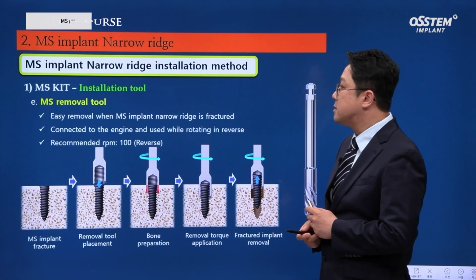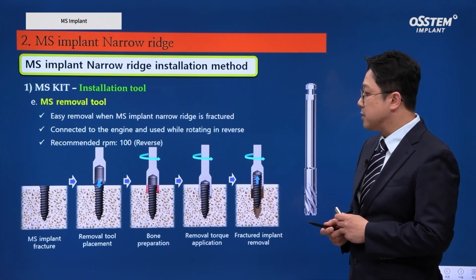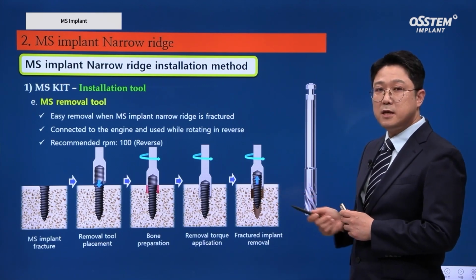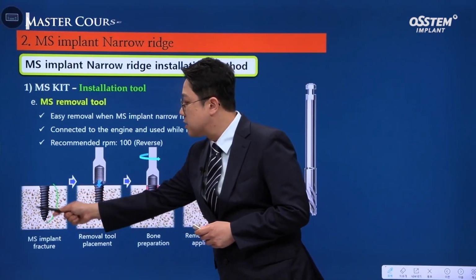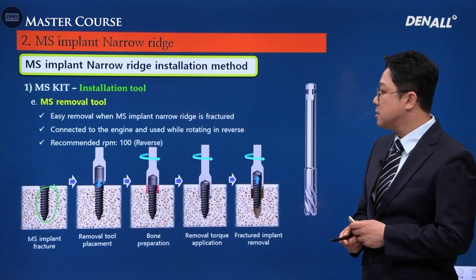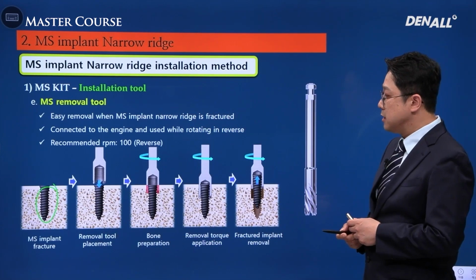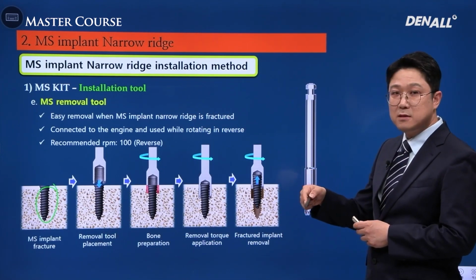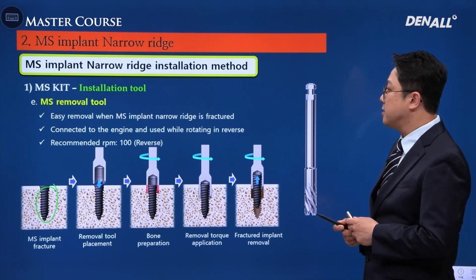MS implant does not fracture frequently, but at times it does. If there's a fracture, it can be quite complicated to remove. You need to remove the surrounding bone to remove the implant. There is the MS removal tool shaped like a trapline bird.